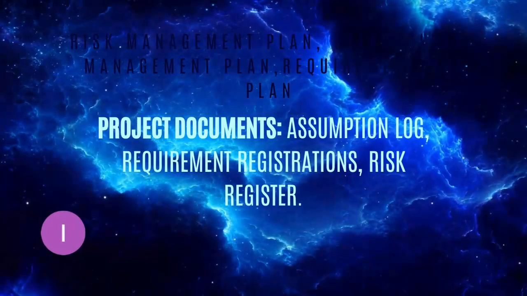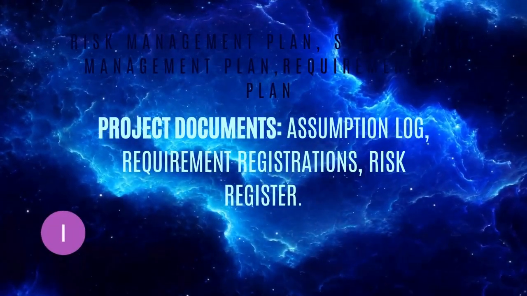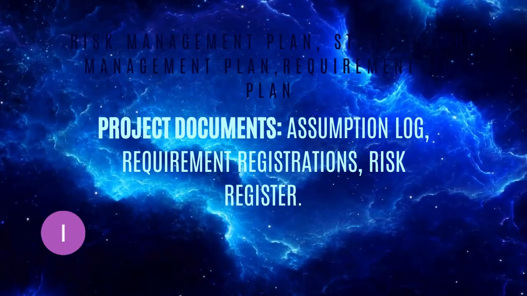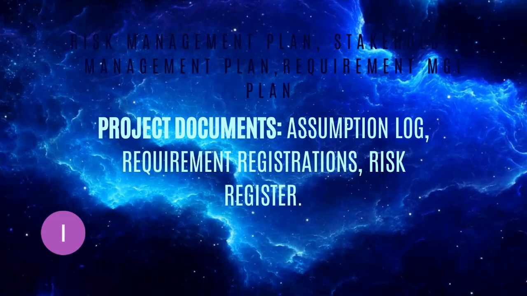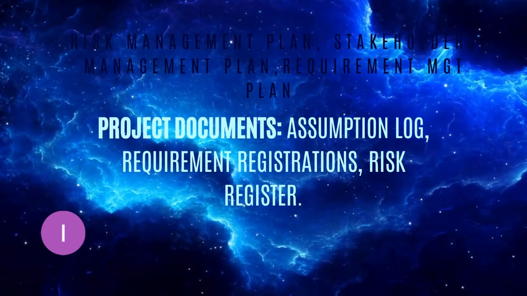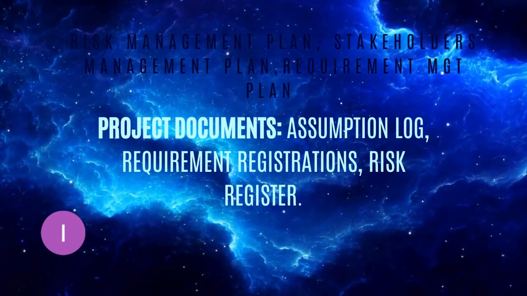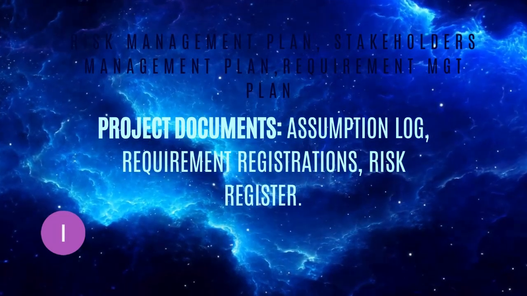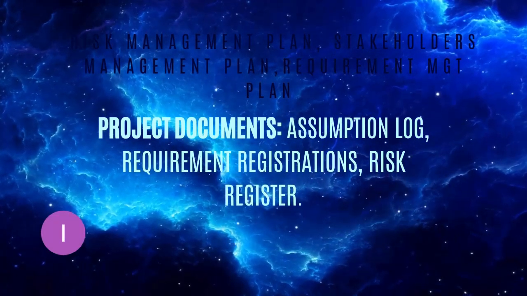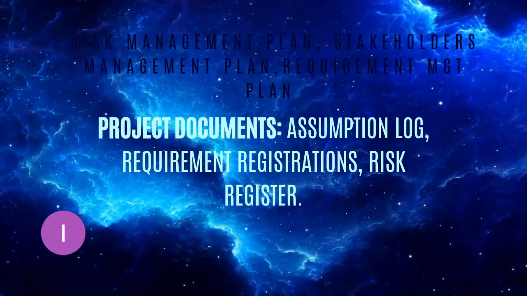For example, we may talk about the risk management plan. We may talk about the stakeholders management plan and engagement plan, requirement management plan. For the project documents, we use assumption log, requirement registrations. We use also risk register.